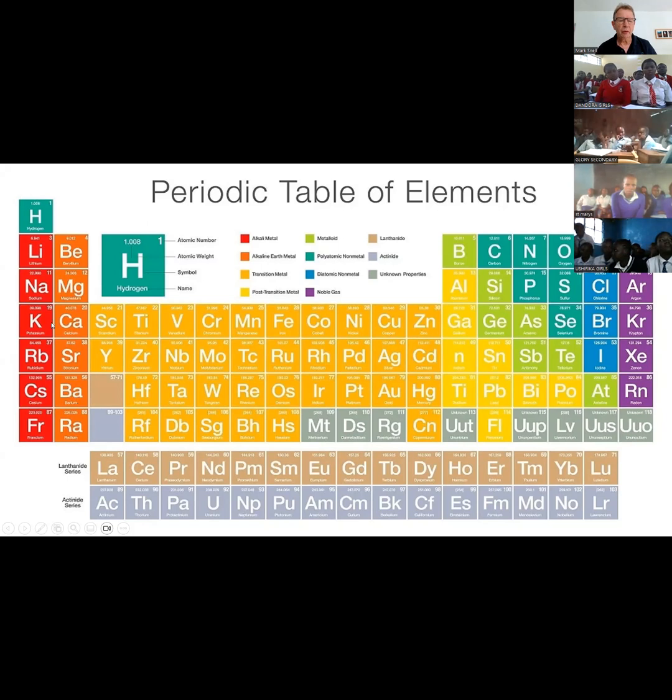Then they have group 2 in orange, and the groups you really need to know about are group 1, group 2, group 7, the halogens, and group 0 or 8, the noble gases. So that's what we're going to look at. But you first need to know how the periodic table is structured. I'm just going to show you something.